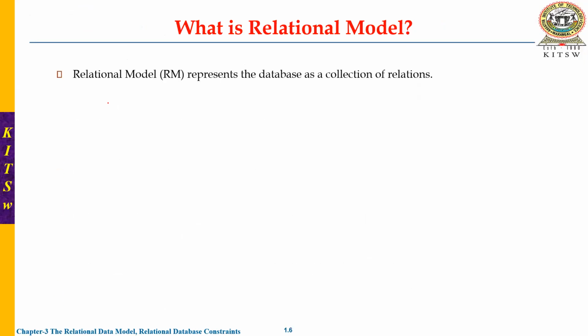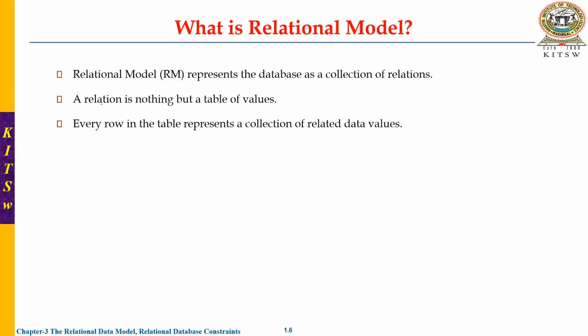What is the relational model? The relational model represents the database as a collection of relations, and a relation is a table of values. Every row in the table represents a collection of related data values, and these rows denote a real-world entity or a relationship.